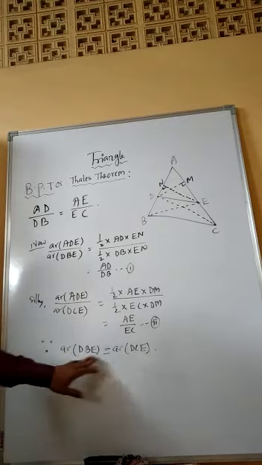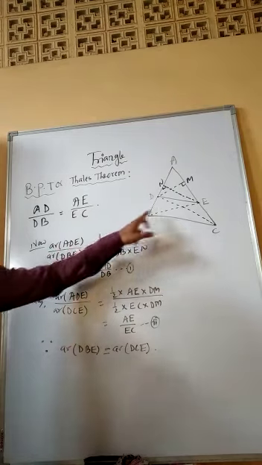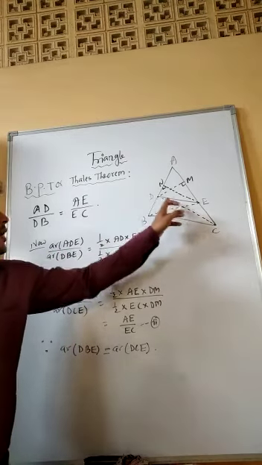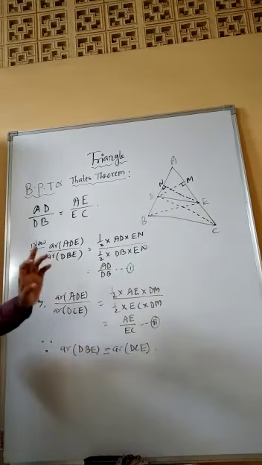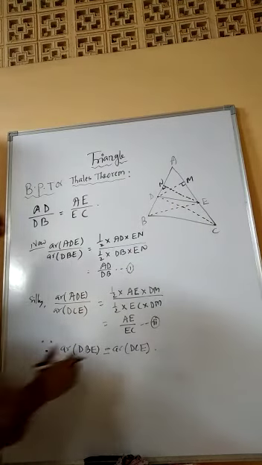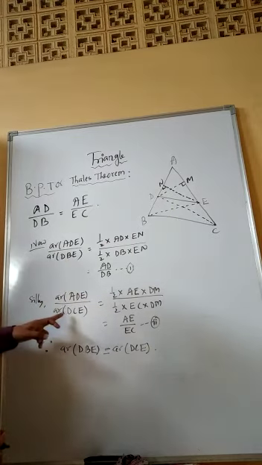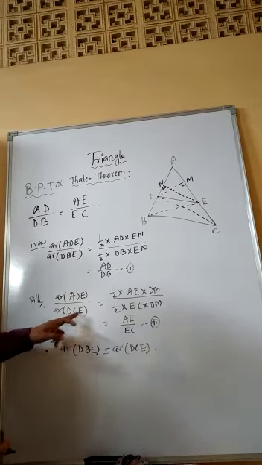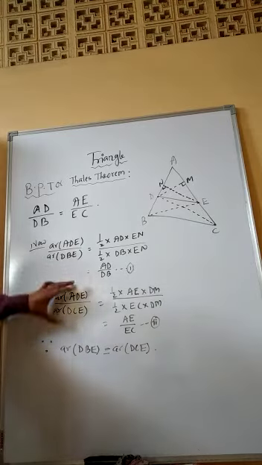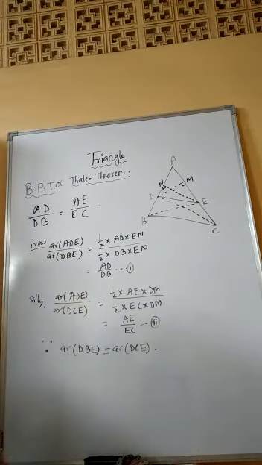Now you see this diagram: triangles DBE and DCE have the same base and lie between the same parallels also. So their areas should be equal. Using this we can write it here, so the left-hand side should be equal. So from 1 and 2, can I say the right-hand side also is equal?